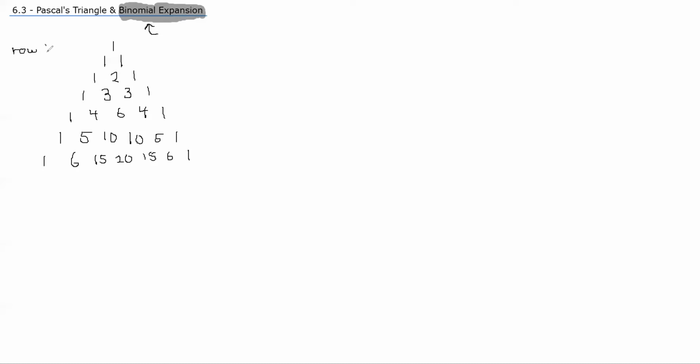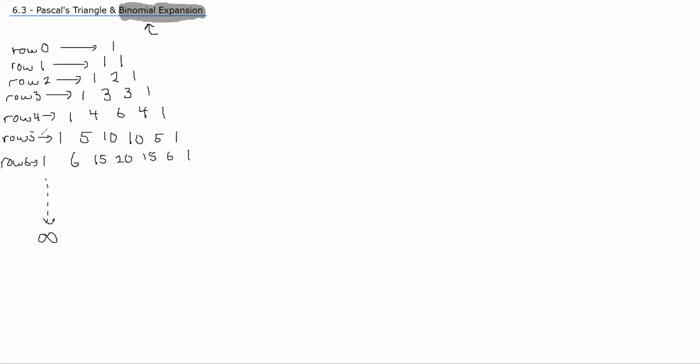This first row is row 0. Next one will be row 1. This is row 2, row 3, row 4, row 5, row 6, and honestly, it goes to infinity.